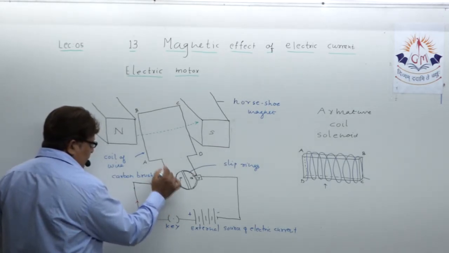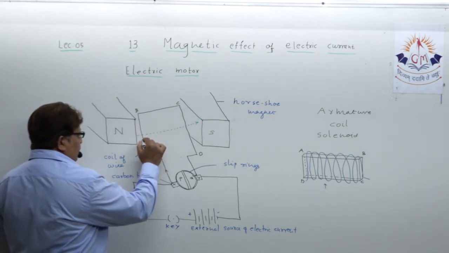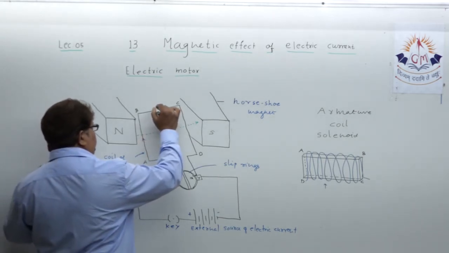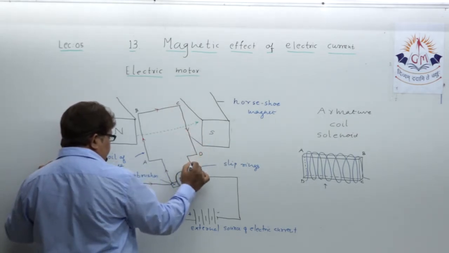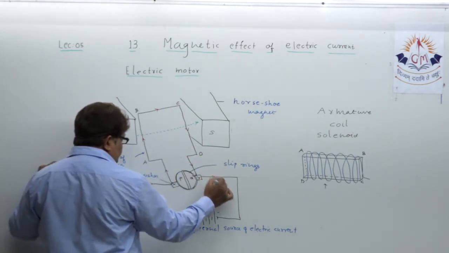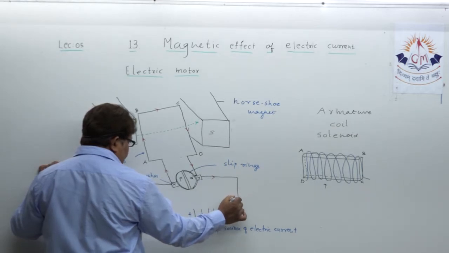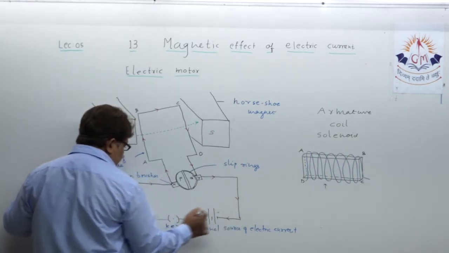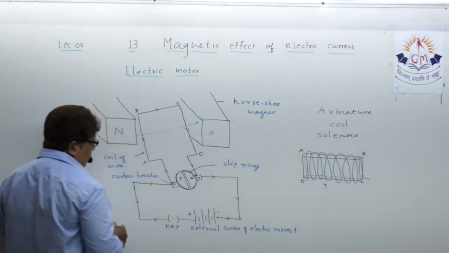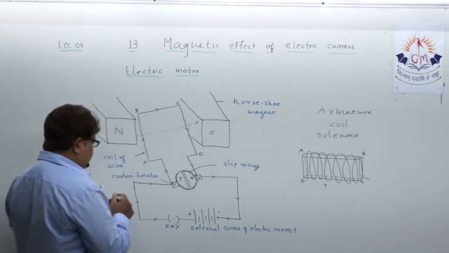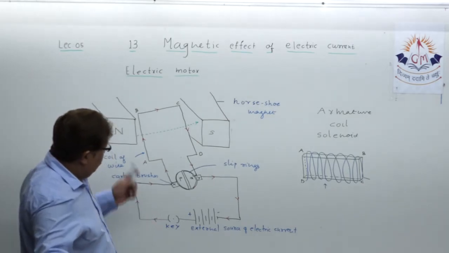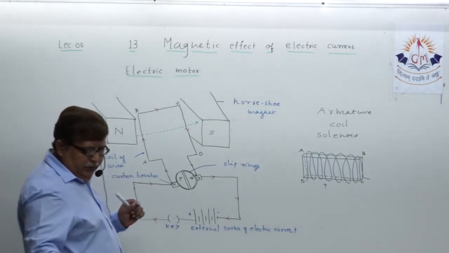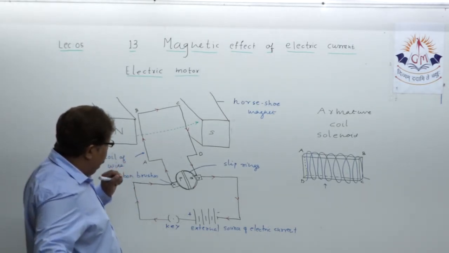Okay, this is what I am showing, the direction of electric current which will flow in the circuit. Okay. Now, dear student, try to understand the direction of electric current.